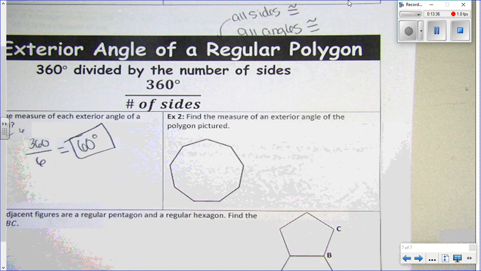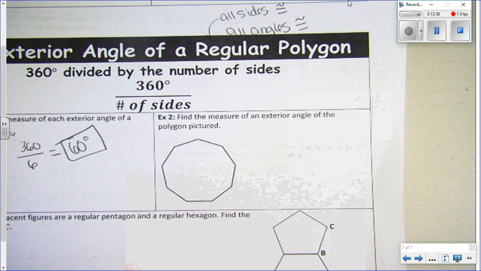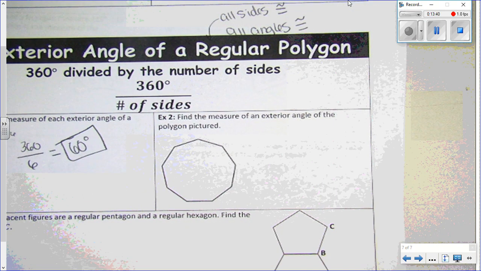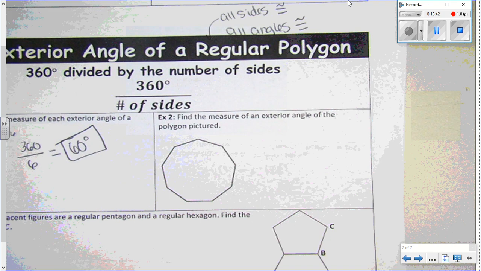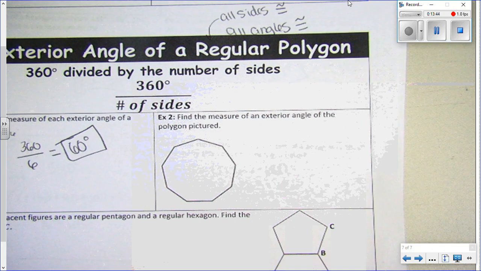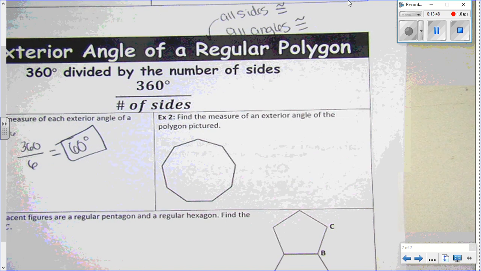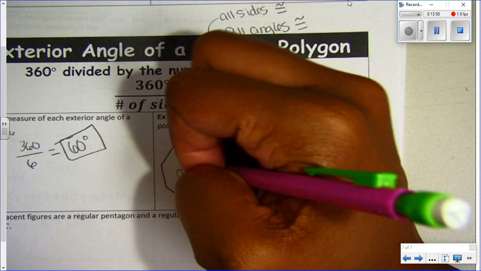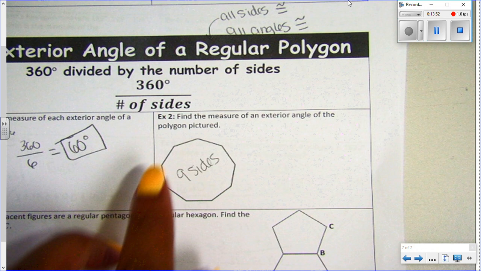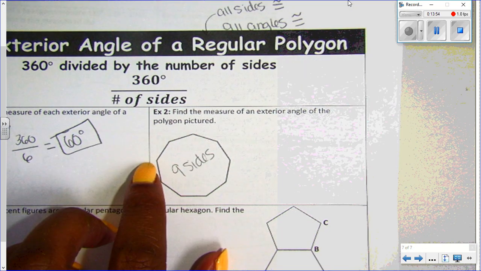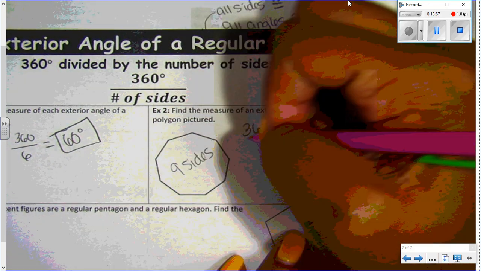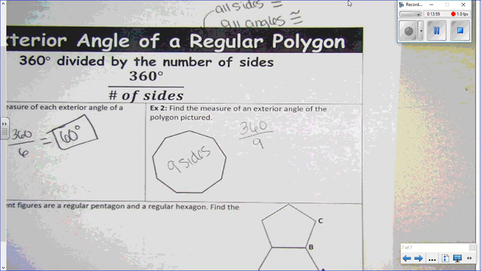And then number 2, you want to find the measure of an exterior angle of the polygon pictured. So first of all, you need to figure out how many sides are in this polygon. So how many sides are in this polygon? 9 sides. So if we want to figure out what one of the exterior angles is, we're going to do 360 divided by 9.